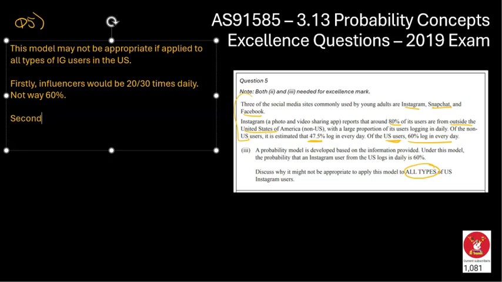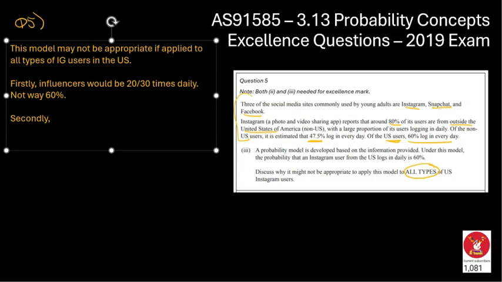The second one is the flip side of that. I thought, are there any groups? So I know this group of people, the influencers, are going to be logging in every day no matter what. But are there going to be other people who won't be reliably logging in? And when I think of America, I know this is a bad perception and maybe it's a stereotype, but I do think there's quite a big homeless person rate. And I can't imagine all of those homeless people even have access to the internet on a daily basis.